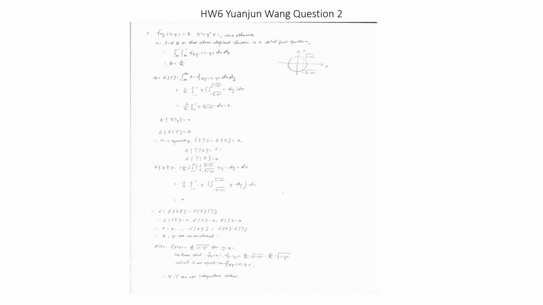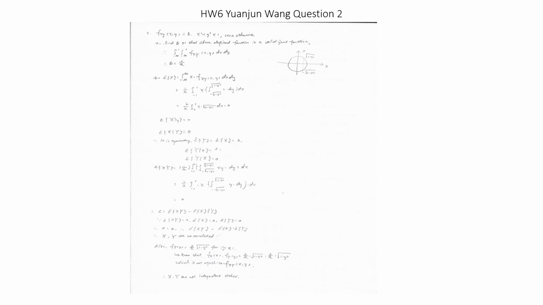So the E of XY is going to be equal to 1 over pi times the integral from negative 1 to 1, integral from negative square root of 1 minus x squared to square root of 1 minus x squared of xy dy dx.